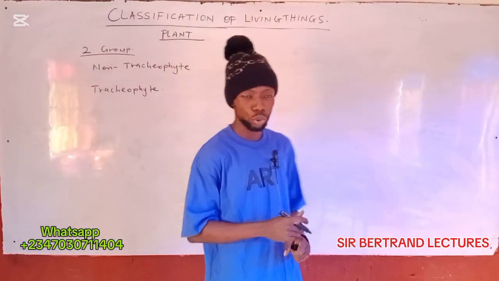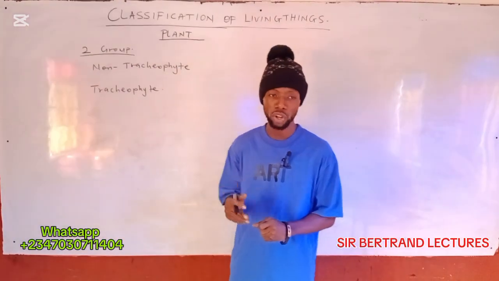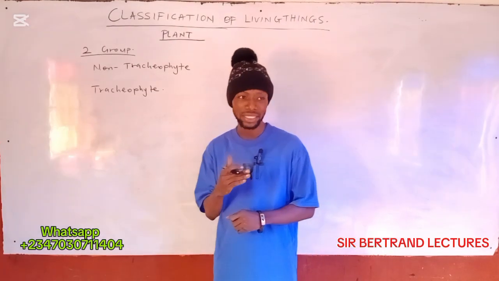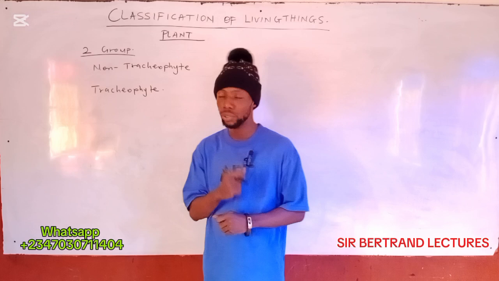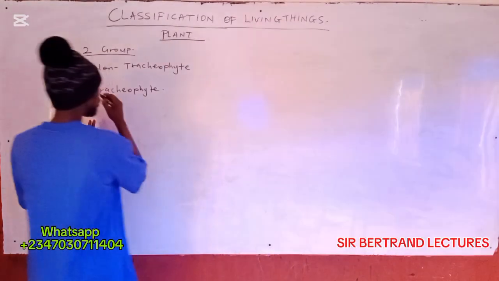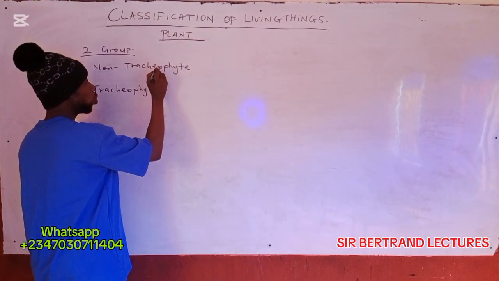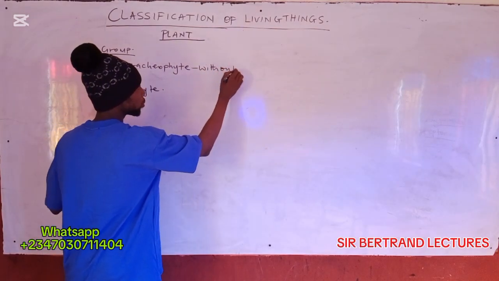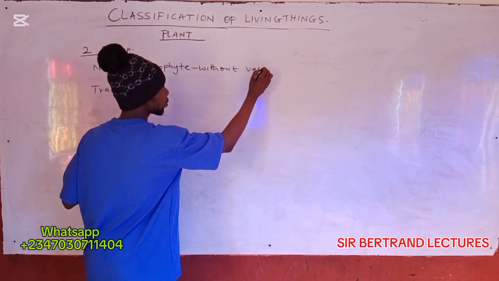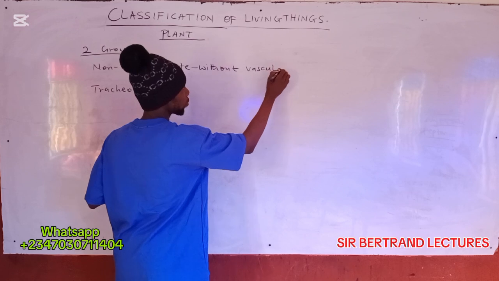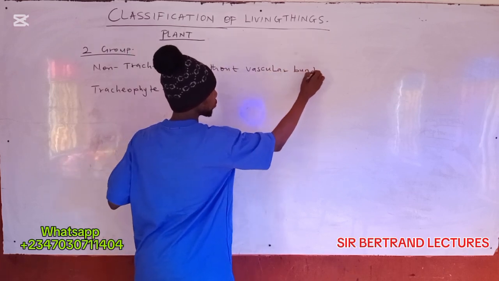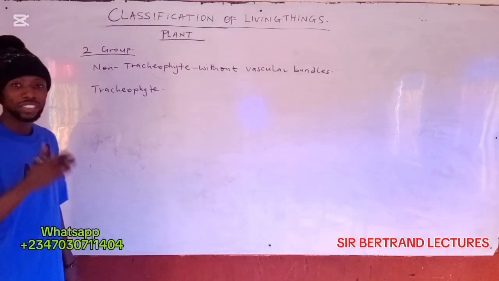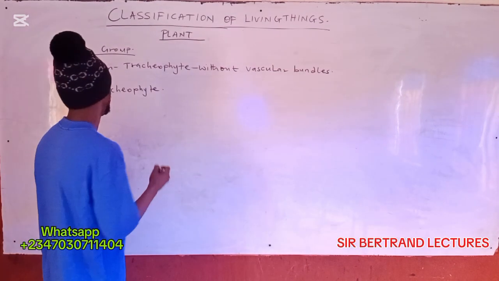These are the two major classifications of plants based on the presence or absence of vascular bundles. The non-tracheophytes are those plants without vascular bundles.